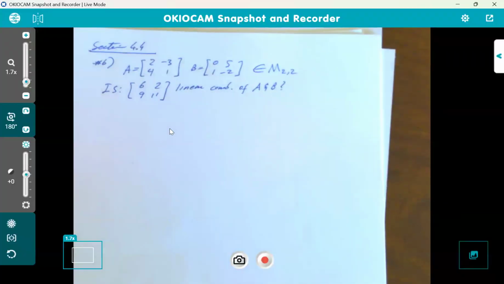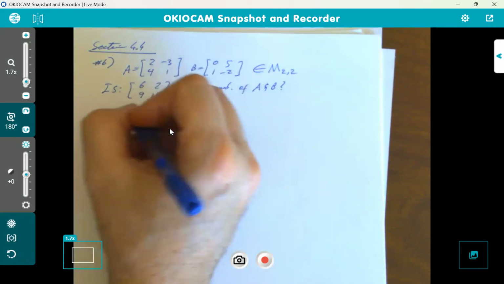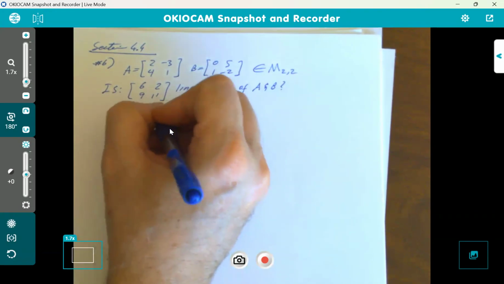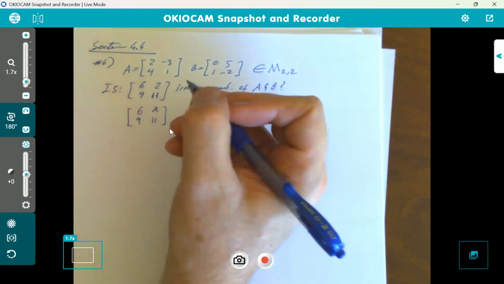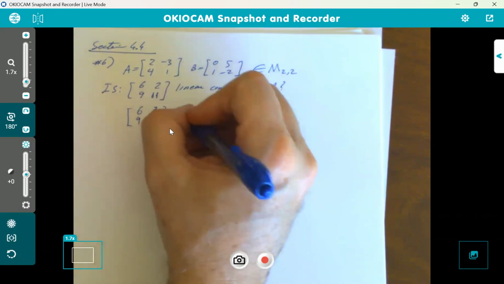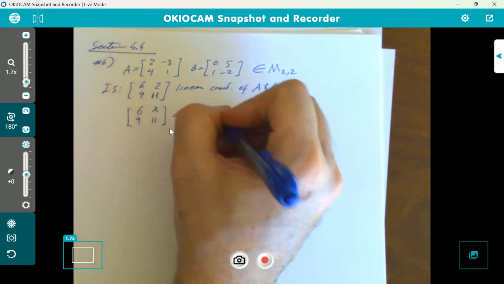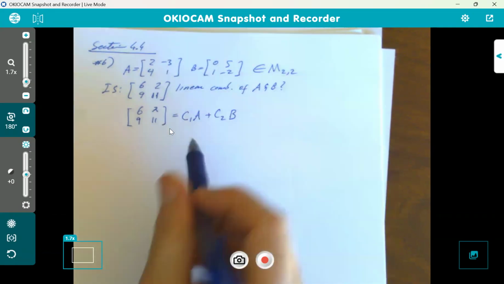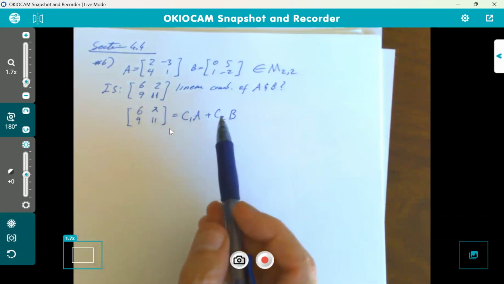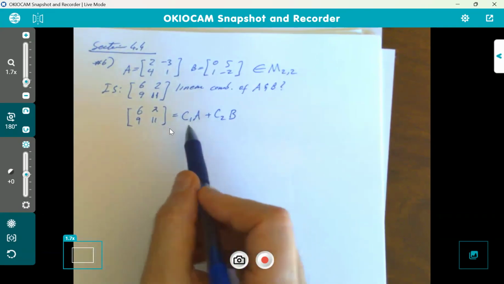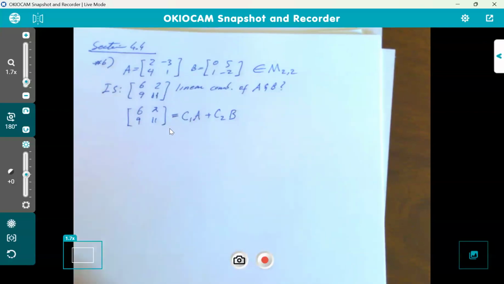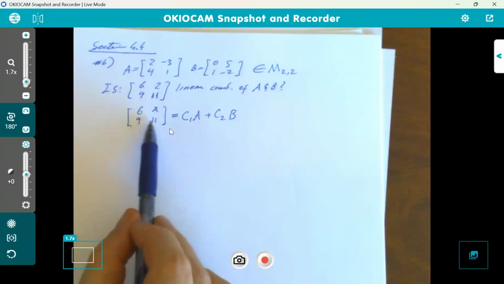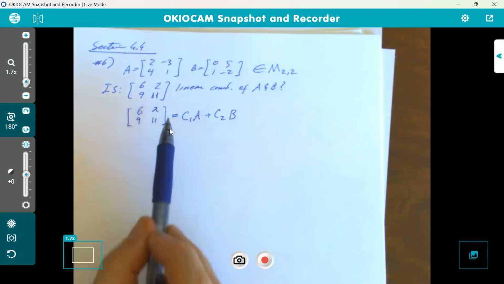I've written the matrix down and let's try it. If I can do this, that means I can write the matrix 6, 2, 9, 11 equal to a constant multiple of matrix A plus a constant multiple of the other matrix, as the sum of the scalar multiples of the other two matrices. Remember, for matrices to be equal, all the elements in the same row, same column must be the same.